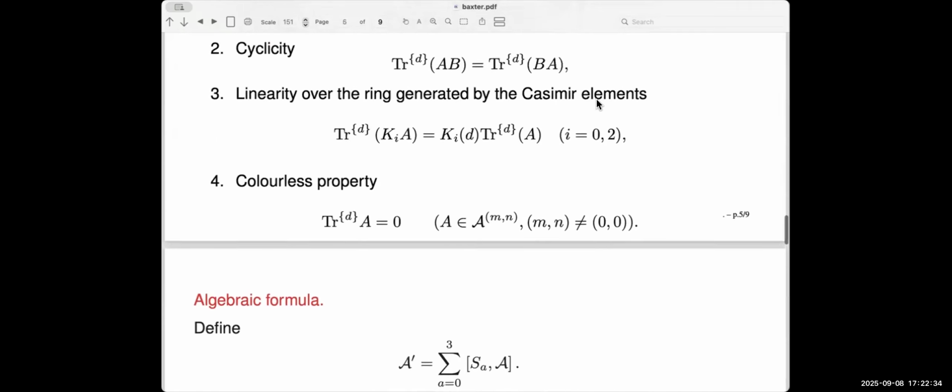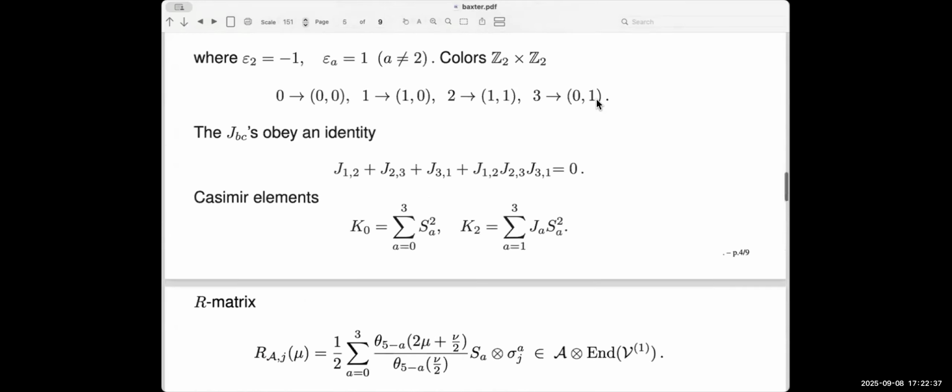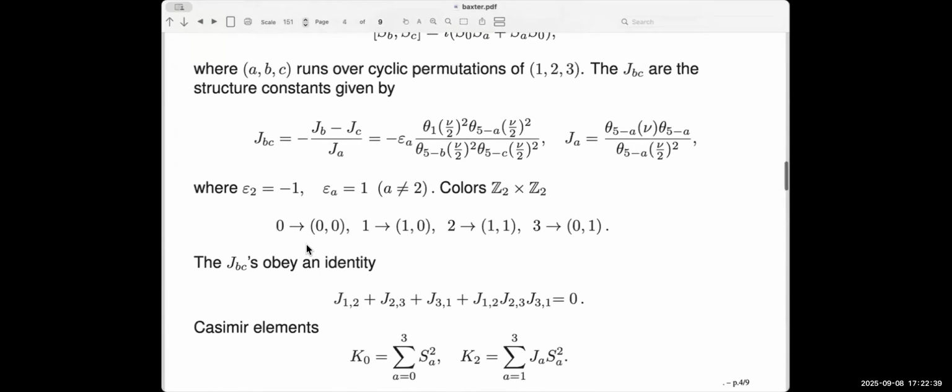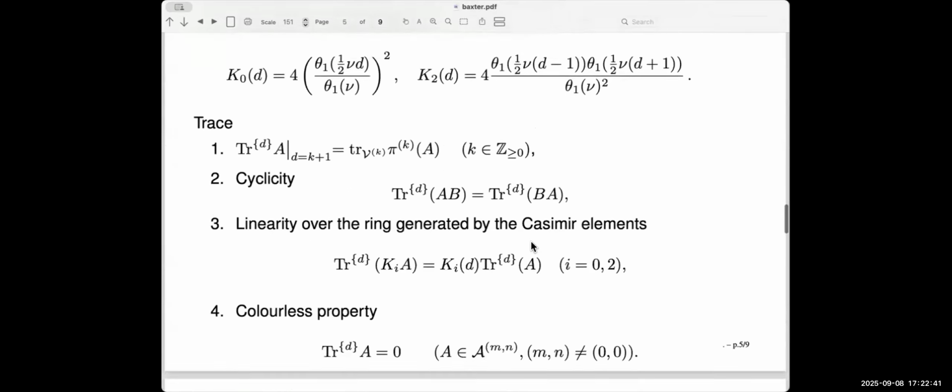Color is defined by, it has already been defined. Yes. Okay.